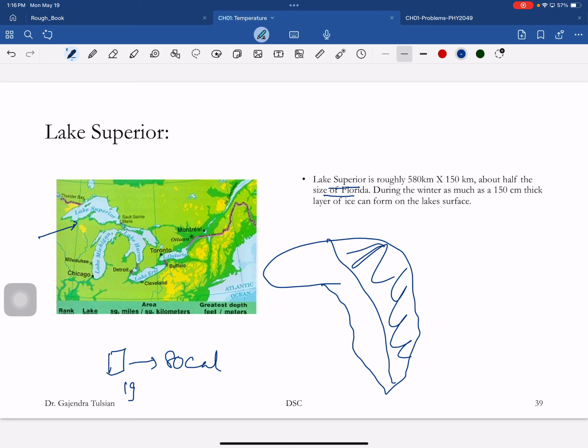Now imagine I need to make this much ice. I'd need to remove a lot of heat. And by the way, how do you remove the heat? You already learned how to remove the heat. How do you freeze a lake? Make it cold. Make this temperature minus 30 degrees Celsius or whatever.